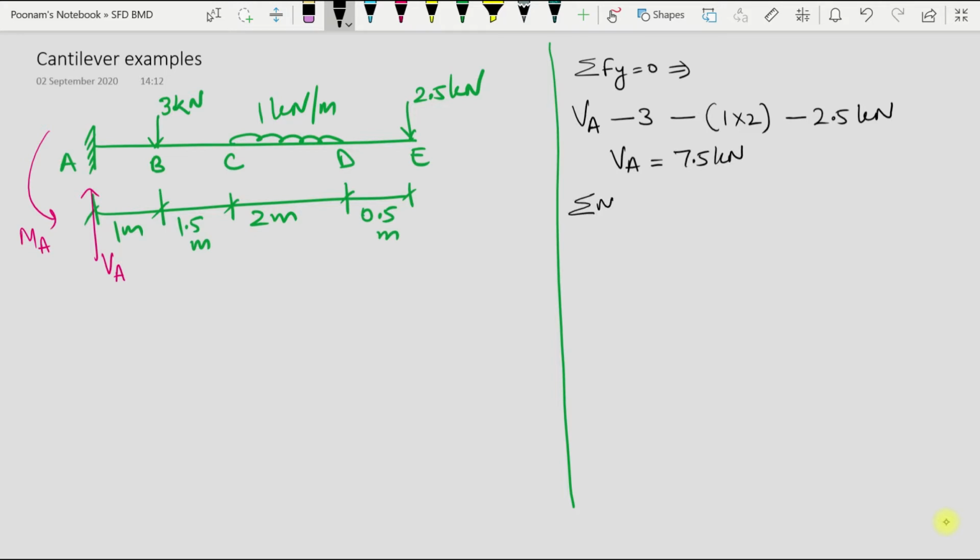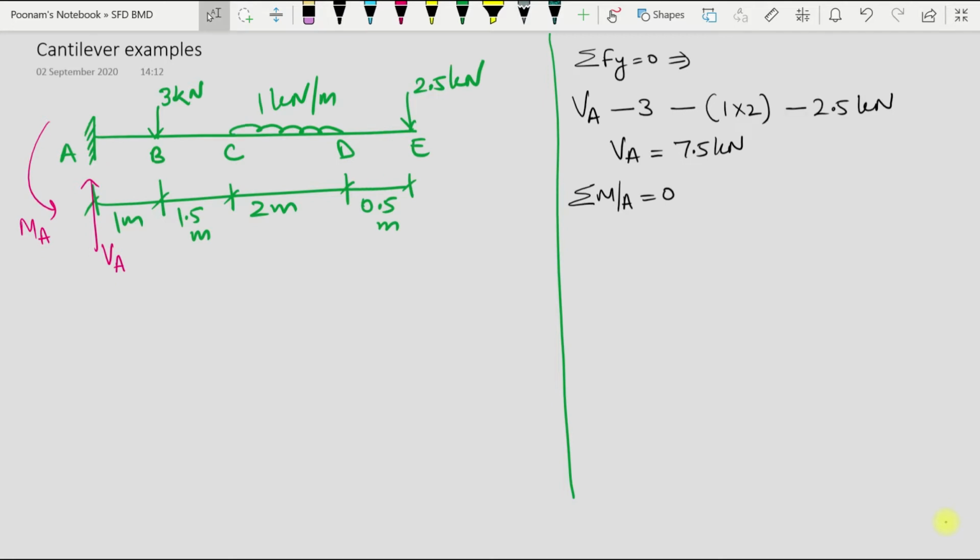Now if I take moment about point A using second equation of equilibrium, sum of moments equal to 0, so this MA is the reaction, so I will take this MA as positive, which is anti-clockwise. Now due to 3 kilonewton, I'll get a clockwise moment, so minus 3 into 1, and due to UDL also I'll get a clockwise moment, minus 1 into 2 is the total load, and the distance of point A from the midpoint of span CD will be 1 plus 1.5 plus half of this 1, so it will be 3.5.